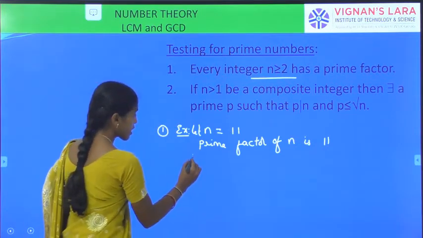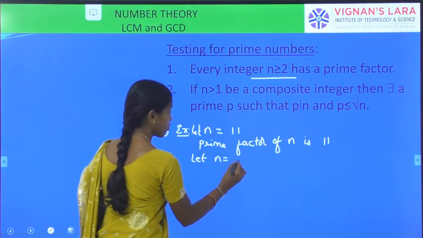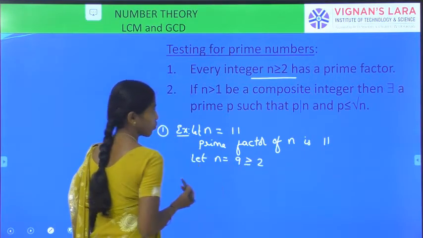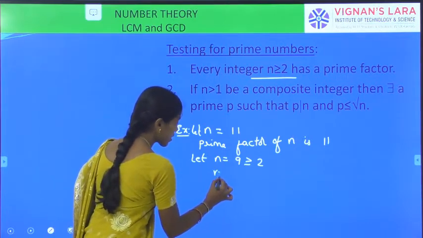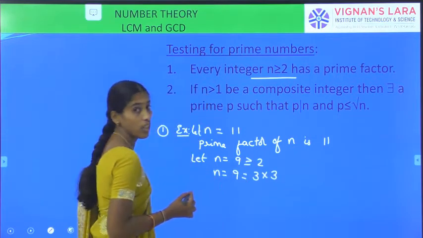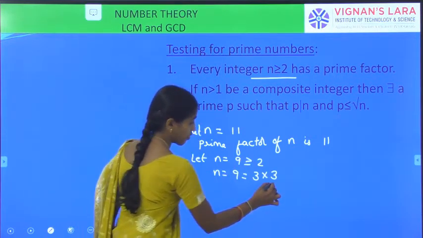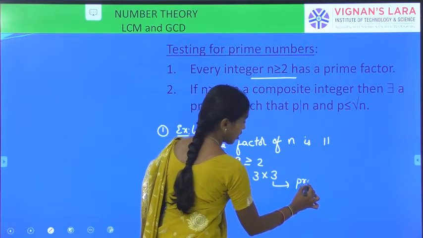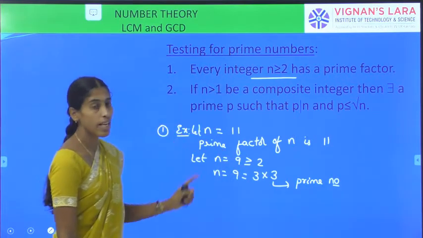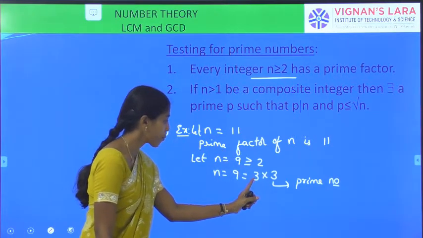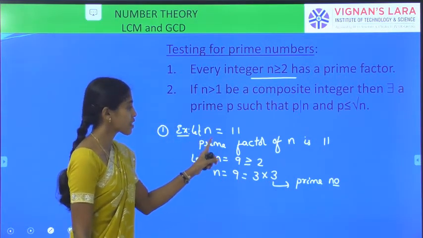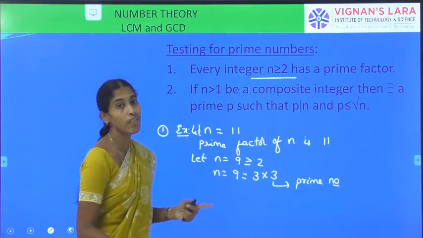If we take another example, let n is equal to 9. This 9 is also greater than or equal to 2. 9 can be written as 3 into 3, and this 3 is a prime number. So every integer n greater than or equal to 2 has a prime factor. That prime factor for the second example is 3. For the first example, the prime factor of 11 is 11 itself.